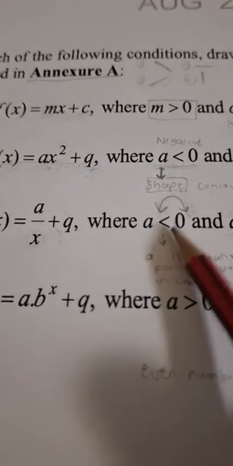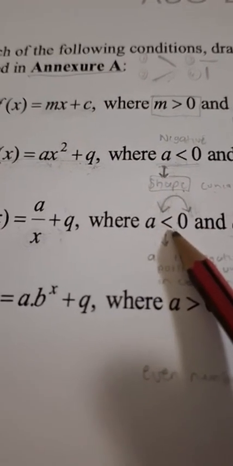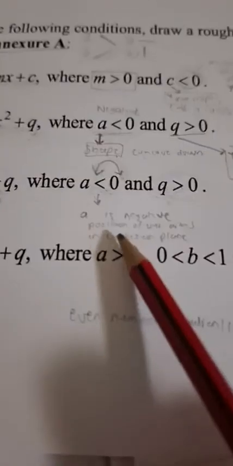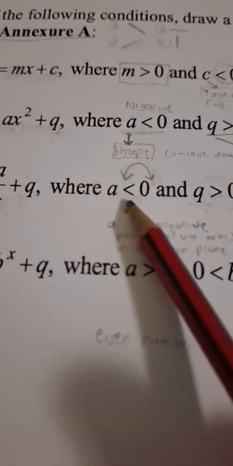Quadrant 1 within the boundaries of the asymptotes. Quadrant 2, quadrant 3, and then lastly quadrant 4 within the boundaries. So that's what we mean by first, second, third, and fourth quadrant.